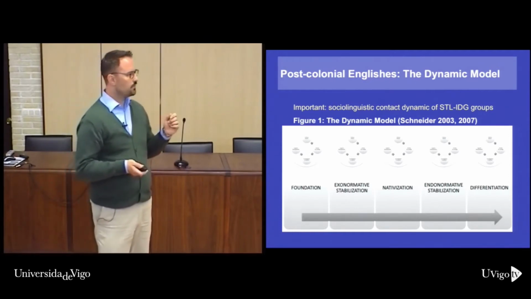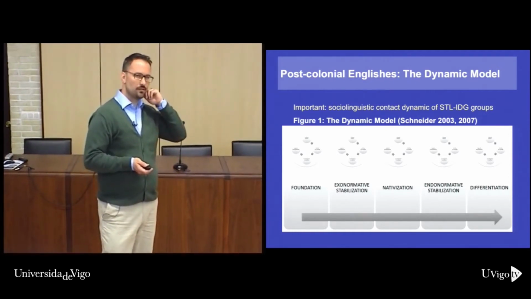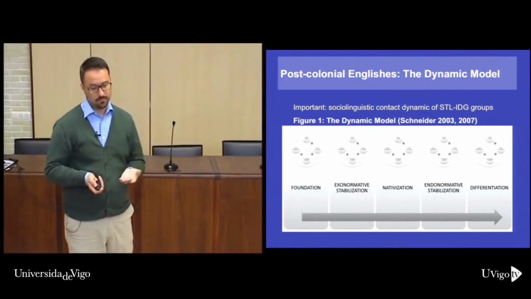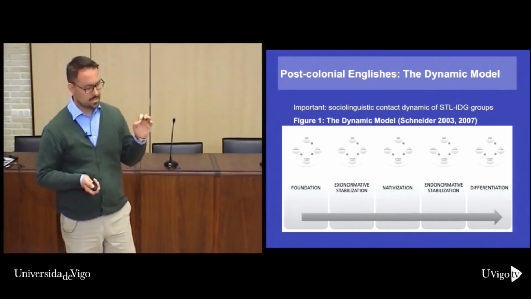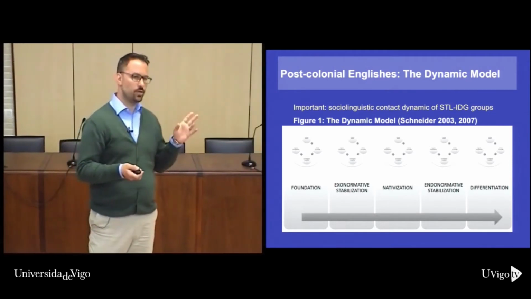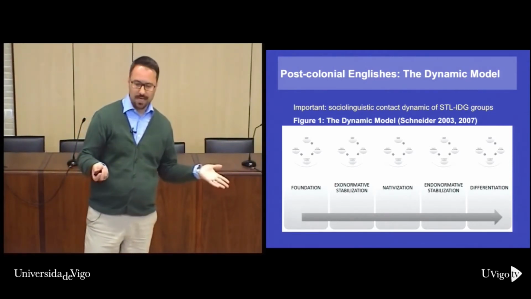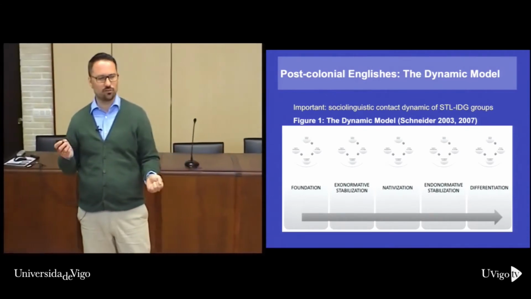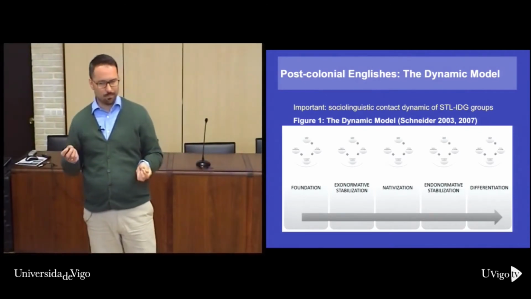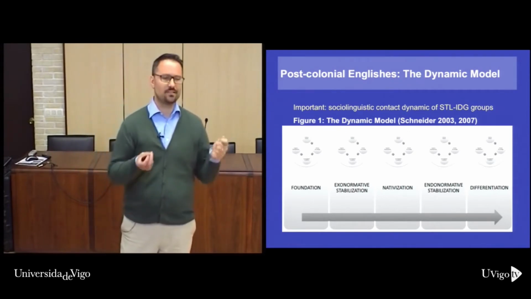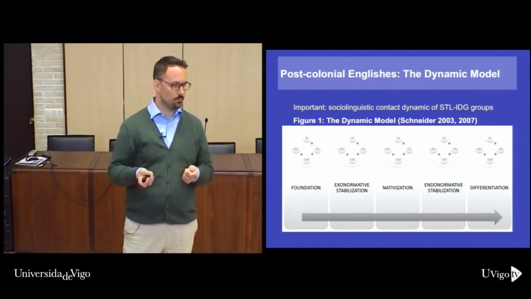And in order to account for that, because it always relies on the historical context, how these varieties evolved, Edgar Schneider took a diachronic view in which he looked at, okay, how did the various varieties arise? And in particular, he separated two strands, which, depending on the specific country, interacted to different degrees. And that's the settlers and the indigenous people.